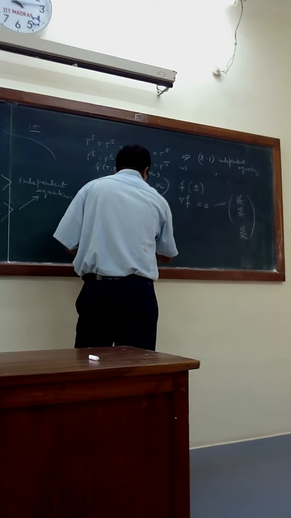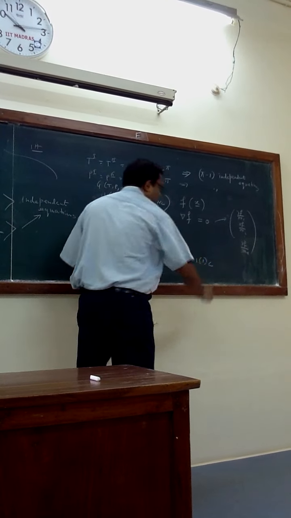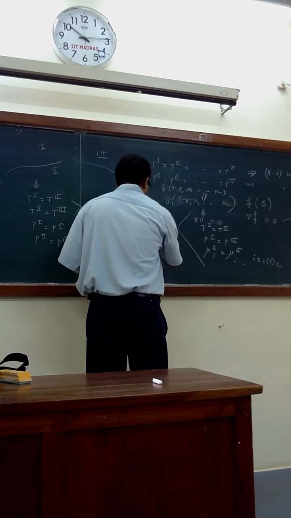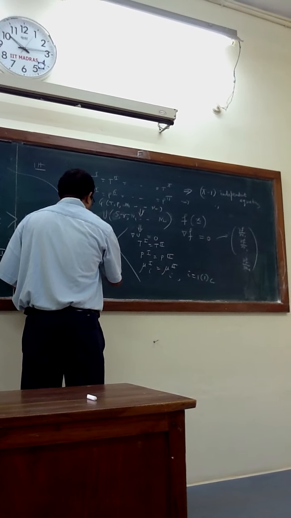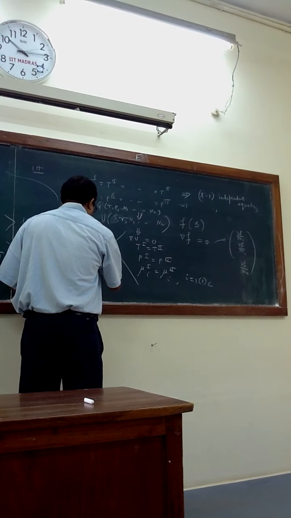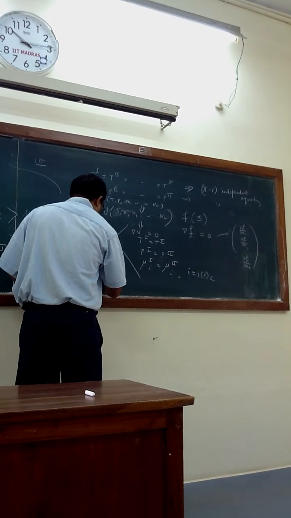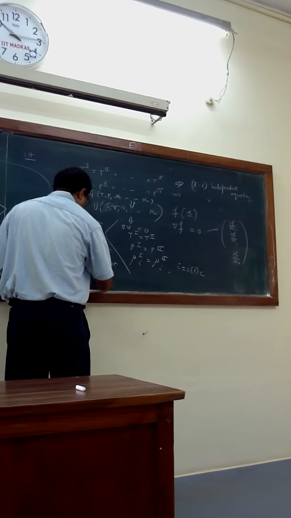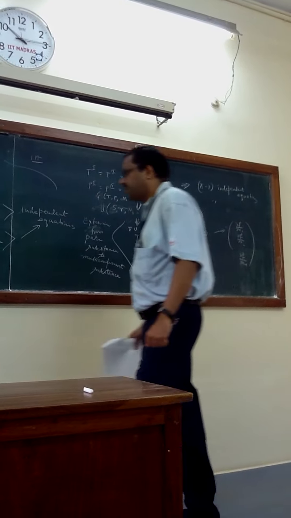That means you will get mu I1 equals mu I2, where I equals 1 to C. That is the extension from pure substance to multi-component substance.